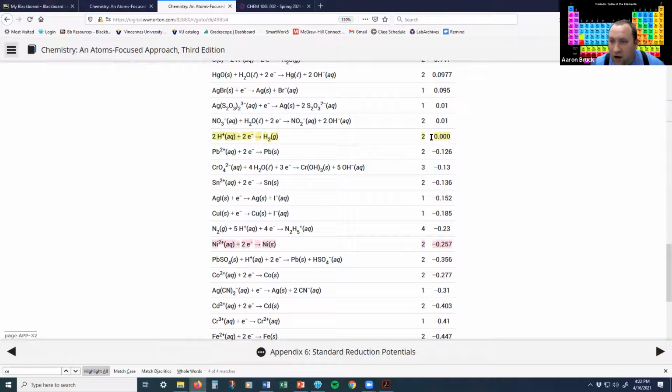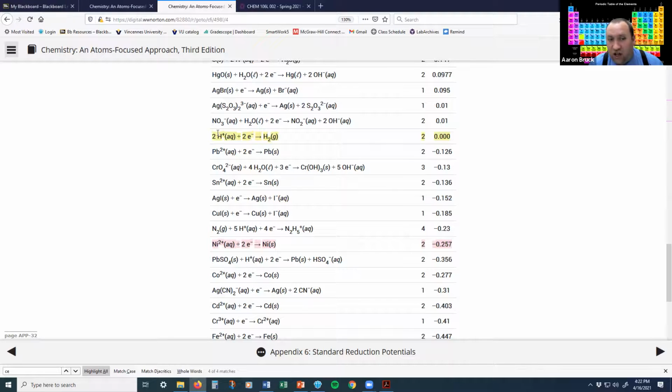It's got a higher, more positive reduction potential, so this reaction is going to be favored. This reaction is not. What's going to be favored instead is the reverse reaction where the nickel turns into nickel 2+. And that just so happens to be what we're trying to do, because we're not putting nickel 2+ in there, we're putting nickel metal in there.